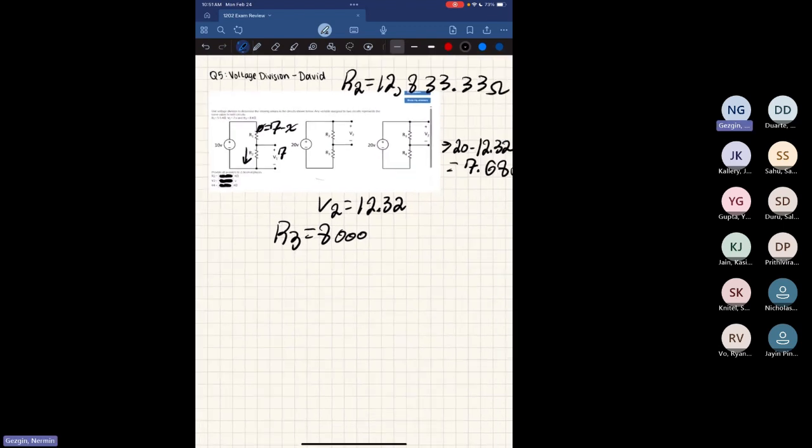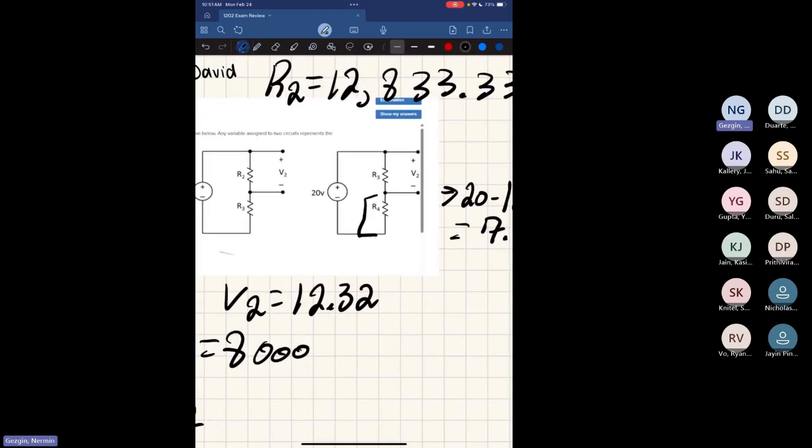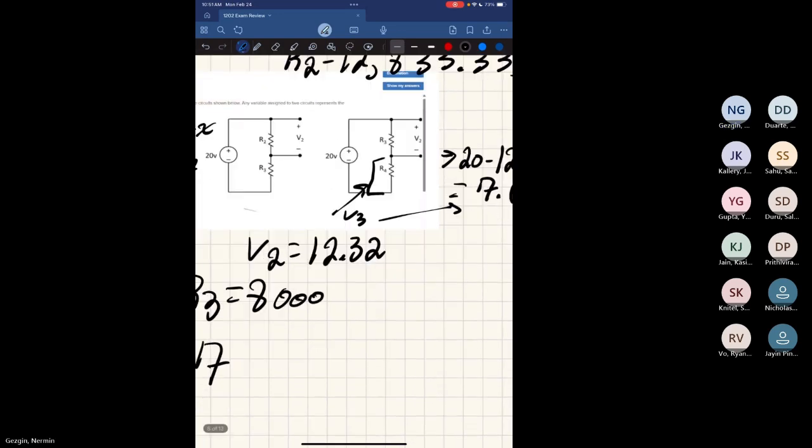We need the voltage V3, which has that value.